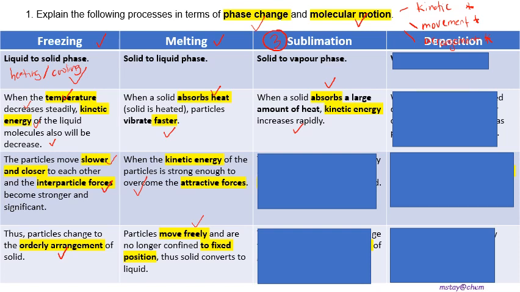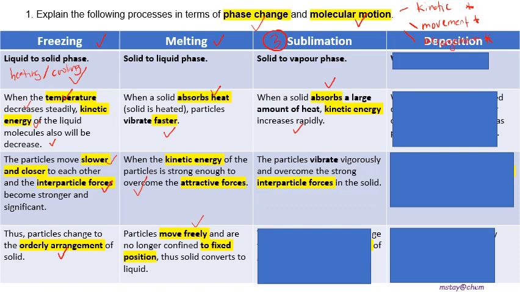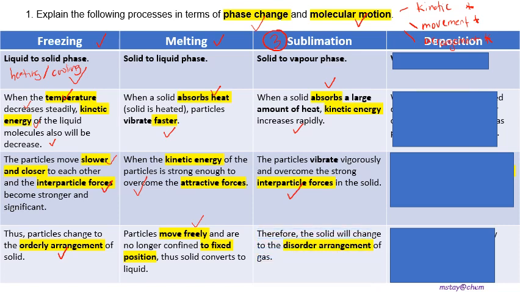Similar to melting, once the solid particles vibrate briskly or move faster, they will be able to overcome the intermolecular forces and cause the particles to move freely and randomly, and the arrangement of the particles becomes disorder.